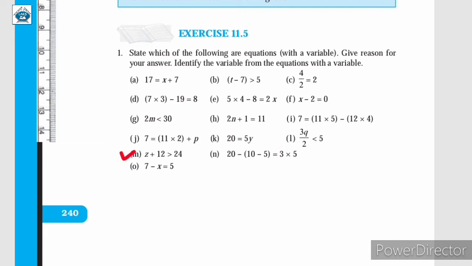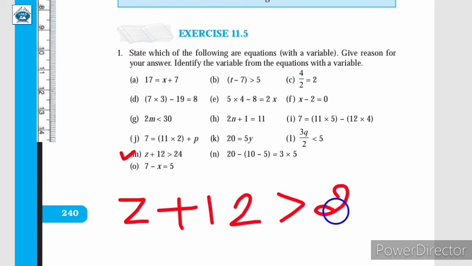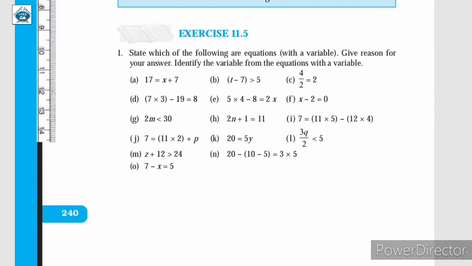Next, z plus 12 is greater than 24. Here we have a variable z, but it is given that it is greater than 24. Whenever greater than comes, there is no equality. Therefore, this is not an equation because it does not have the equality sign. In the similar manner, there are two more parts to this question which you need to solve on your own because all these questions are very much similar to each other.